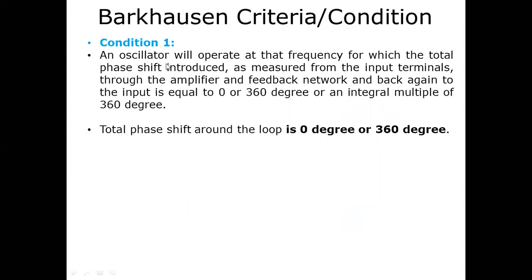The first one: an oscillator will operate at the frequency for which the total phase shift introduced, as measured from the input terminals through the amplifier and feedback network and back again to the input, is equal to 0 or 360 degrees or an integral multiple of 360 degrees. This first condition indicates that the total phase shift around the loop should be 0, 360, or an integral multiple of 360 degrees.